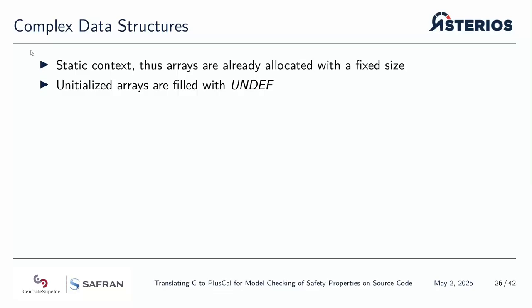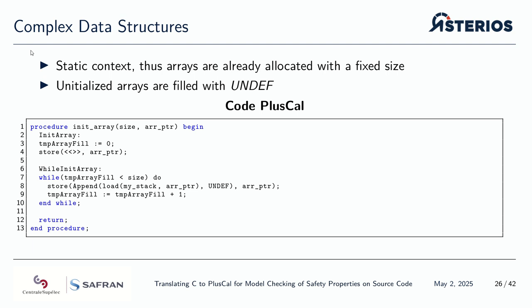Also, it is feasible because, as I said, we are in a static context, so the arrays are already allocated with a fixed size, and the initialized arrays are filled with undef values. Here we have a procedure in PlusCal that is used to initialize the arrays.